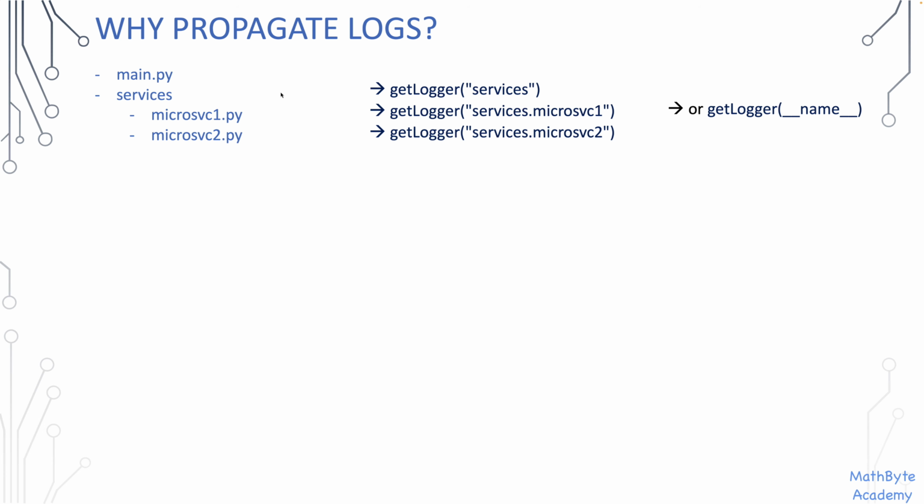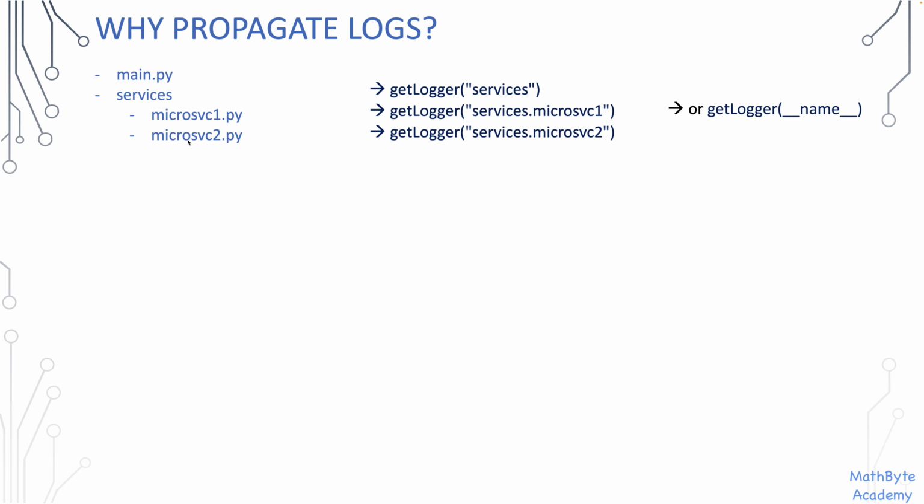Do you notice something? And this is why I was asking you earlier to see the parallel between the names of the loggers and your namespace conventions or your namespace names. If you're inside this module and you look at the name of the module, what is it going to be? It's going to be services.microsvc1.